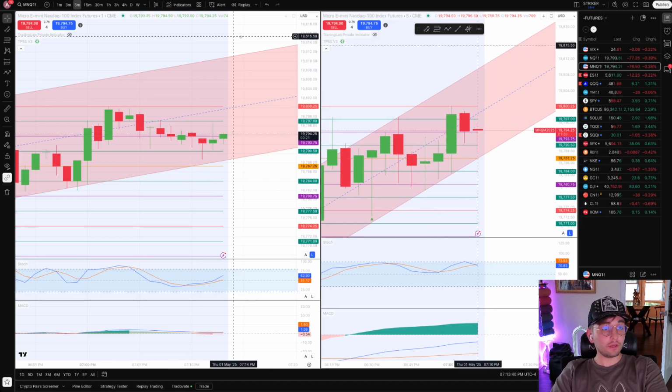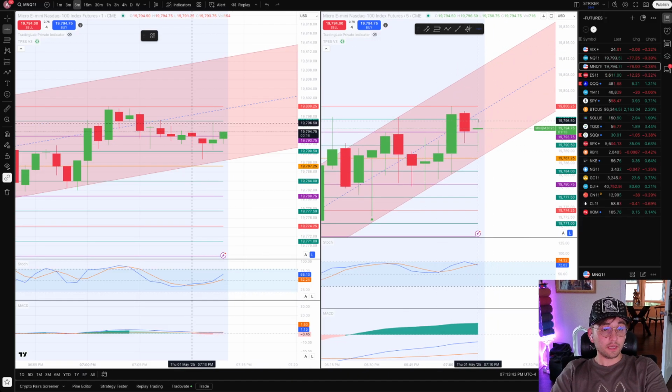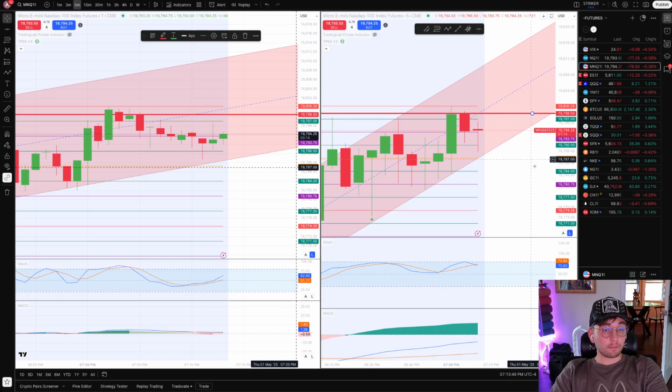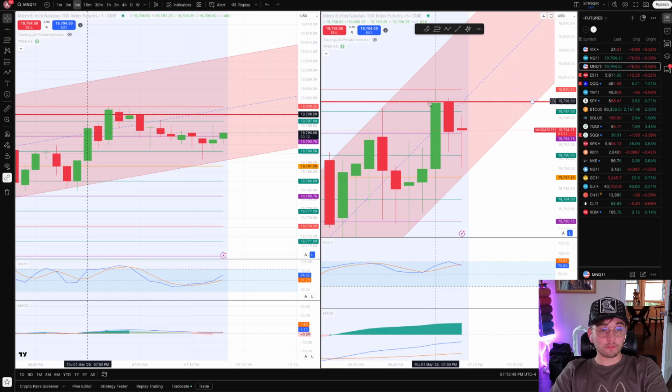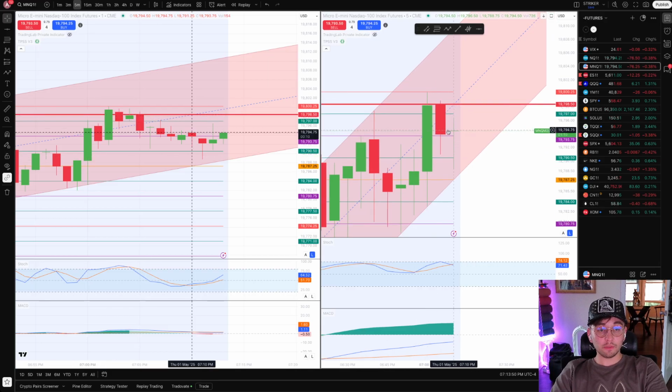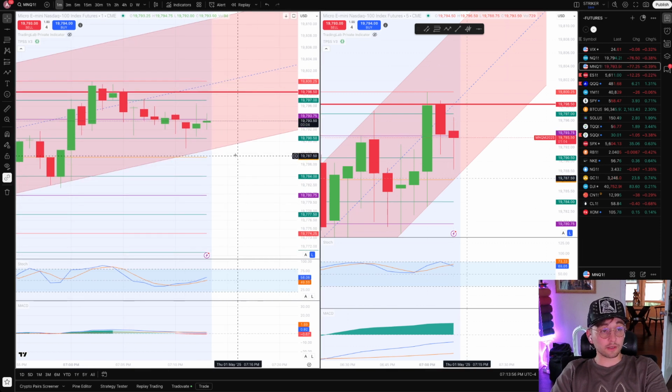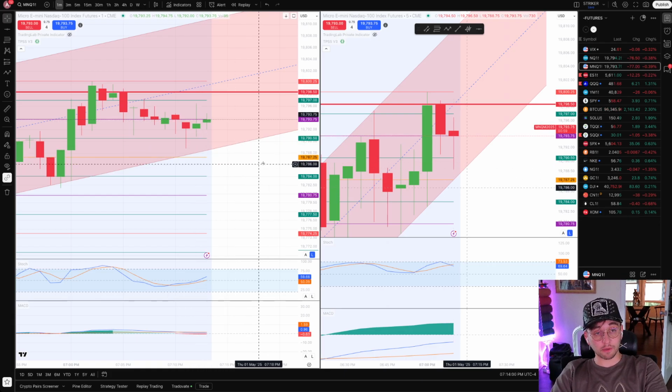Because if you are trading this and you are short biased, you're going to be looking at rejections off of these other highs here. So you'll be taking the short if you're like, okay, well, this 1 hour is not going to hold. I'm going to short it in this 1 minute after we break this parallel channel. If we break this parallel channel, it looks bearish. We still have a 4 hour here, but it looks bearish.